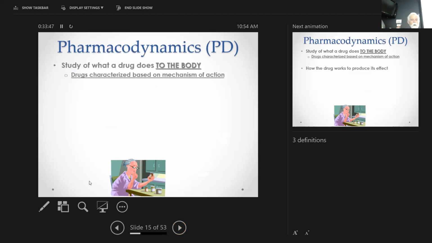And we characterize that by looking at exactly where in the body, what biochemical systems are being dealt with by this drug. And we use that as a way to characterize and classify drugs.